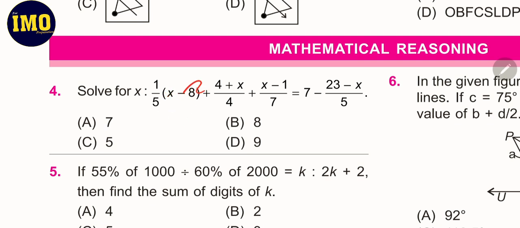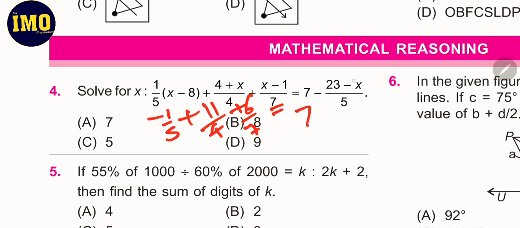So x is equal to 7 means what? 7 minus 8 minus 1 minus 1 by 5 plus this is what? 7 plus 4 is 11, 11 by 4. 7 minus 1 is 6, 6 by 7. 23 minus 7 is what? 16. 16 divided by 5.